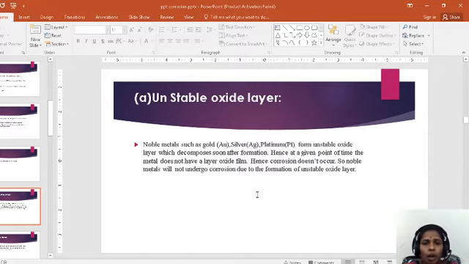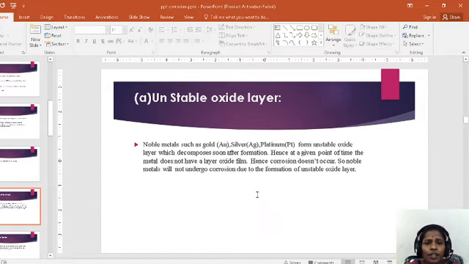In the unstable oxide layer, we have already seen the noble metals. These noble metals never react with oxygen at any temperature, but they form an oxide layer which is not stable. We have already seen this in the example of corrosion, that is, tarnishing of silver.